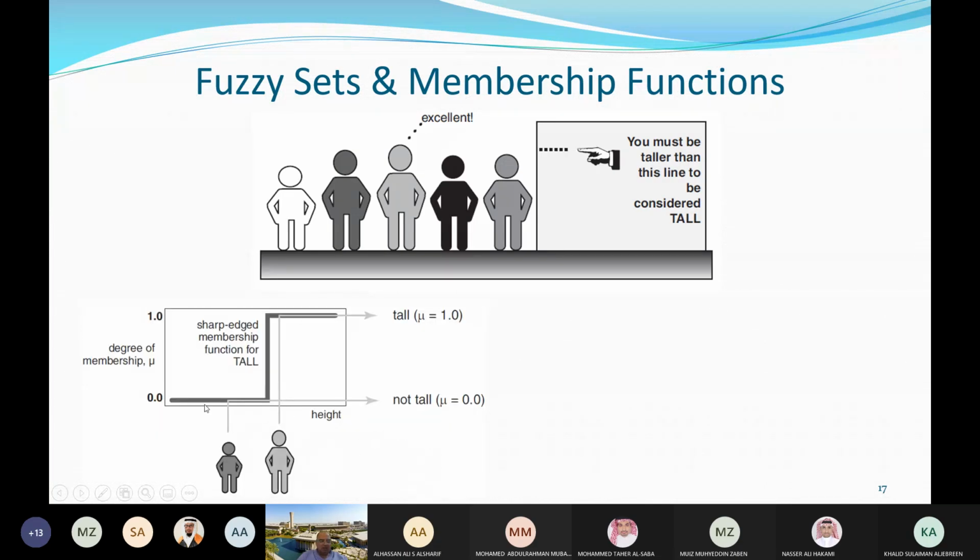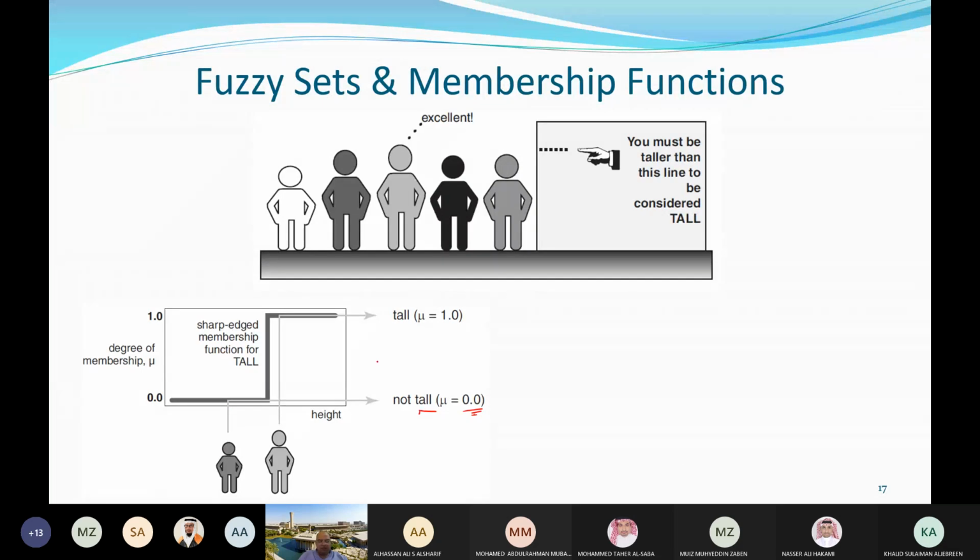So this is the height, and for this one the degree of membership of tall is 1, and for this one the degree of membership of tall is 0. Note that a degree of membership of tall of 0 means not tall.